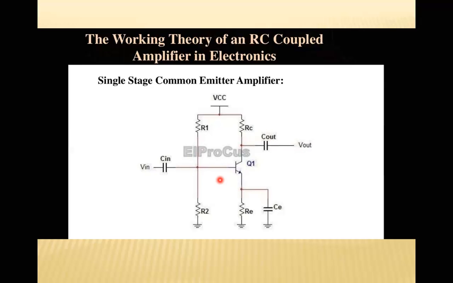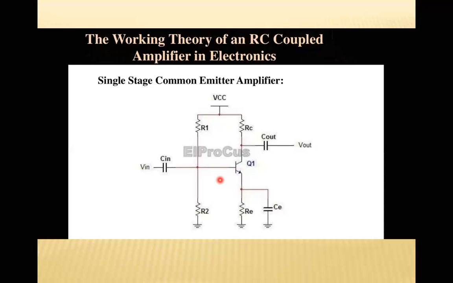The region where the transistor is completely switched off is called cutoff. The transistor will be in its off mode, so that's the reason it is called the cutoff region. And the region where the transistor is completely switched on is called the saturation region. This is the off stage and that is the on stage. The region between the cutoff region and the saturation region of a bipolar transistor is known as the active region.